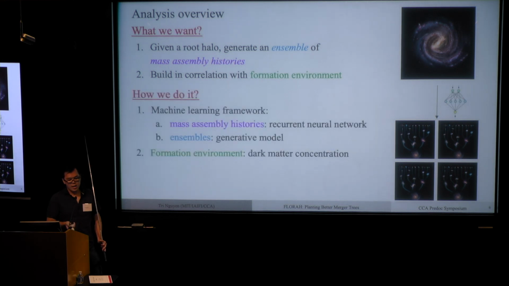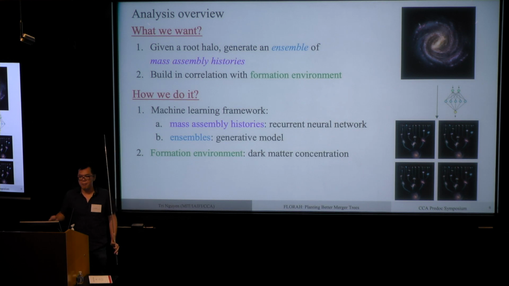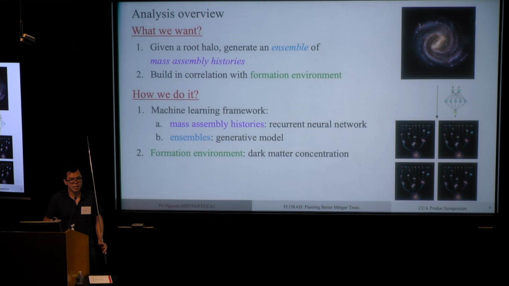So how do we do it? For the machine learning framework, to model the mass assembly history, we can model them roughly as a time series, and we can use recurrent neural network models to model them. For the ensembles part, we can use a generative model, and in my case, I'm going to use a normalizing flow, if you're familiar with that term, to model the ensemble history.